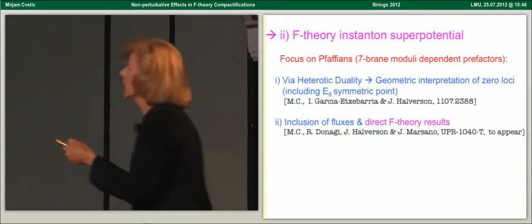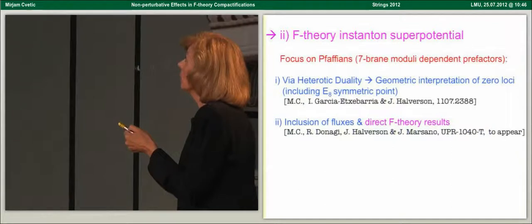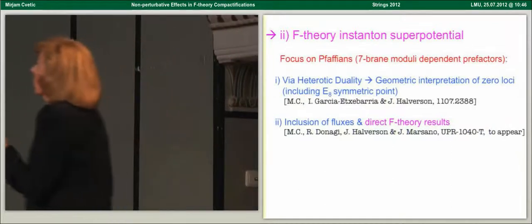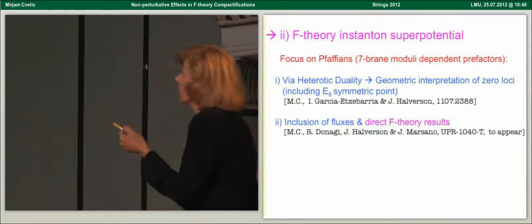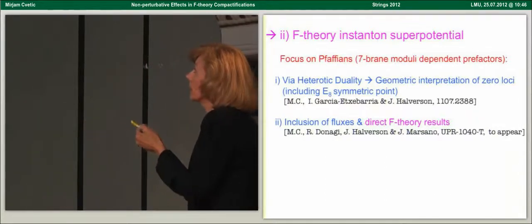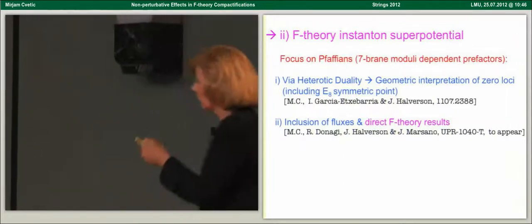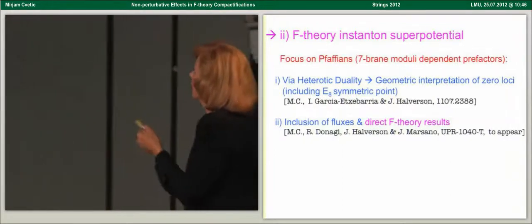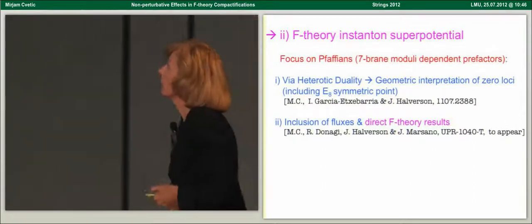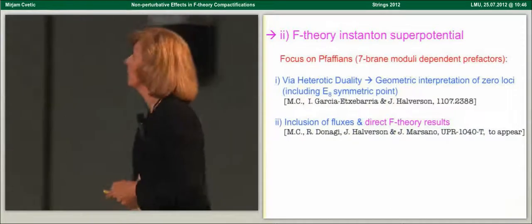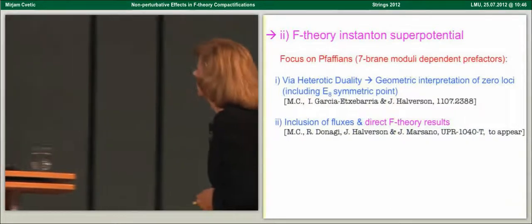So to tackle this issue, we approach that first by using heterotic duality, where we actually, through the duality map, realized that the structure of those Pfaffians has very geometric features, and one could interpret zero loci of such Pfaffians as appearance of enhanced symmetry points of gauge curves on the worldvolume of instantons.